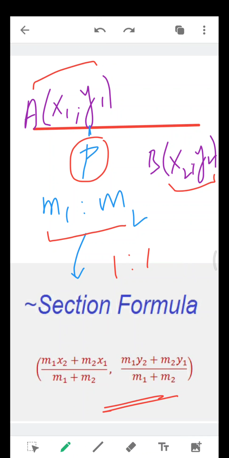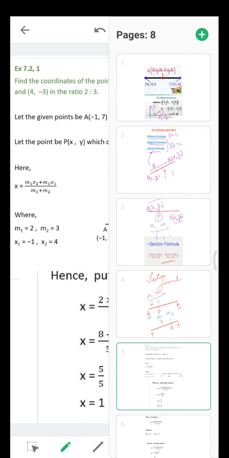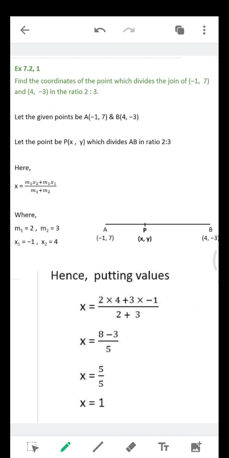Now let's have a look at one exercise question based on the section formula. You must remember the formula, then you can easily do the exercise. So here is a question, exercise 7.2 question number 1: find the coordinates of the point which divides the join of (-1, 7) and (4, -3) in the ratio 2 is to 3.